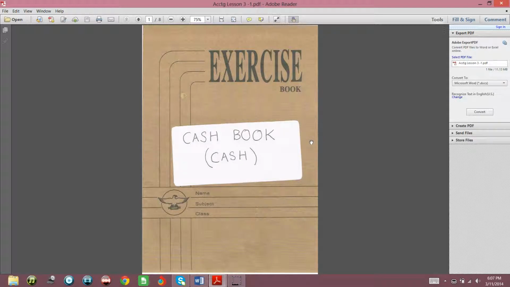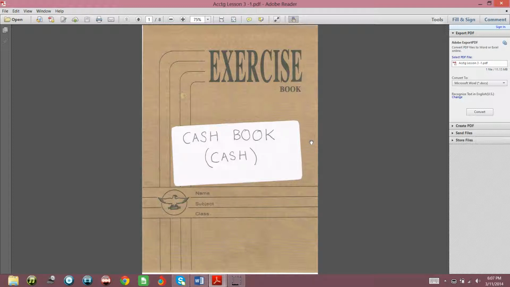We have to understand the traditional way of doing things, because accounting software is actually based on the manual way of doing things. The computer people learn from the accounting people on how to do things, then they convert it into a computerized accounting system.